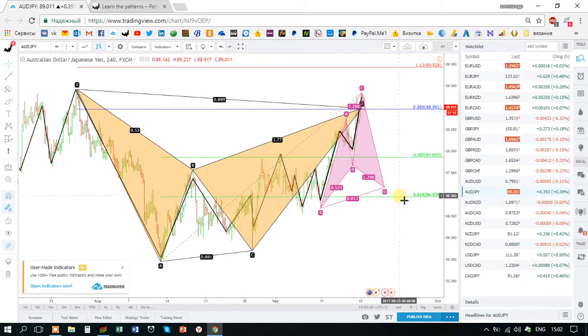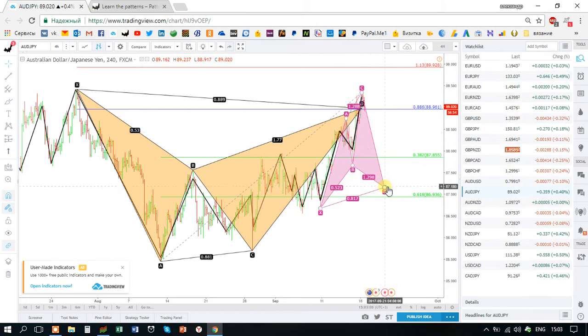So in this case, I would do it this way. Potentially, if it goes lower, I would see the price action within this D point entry, and maybe I will close the full position here, with the second target a bit higher, just at the cipher entry.